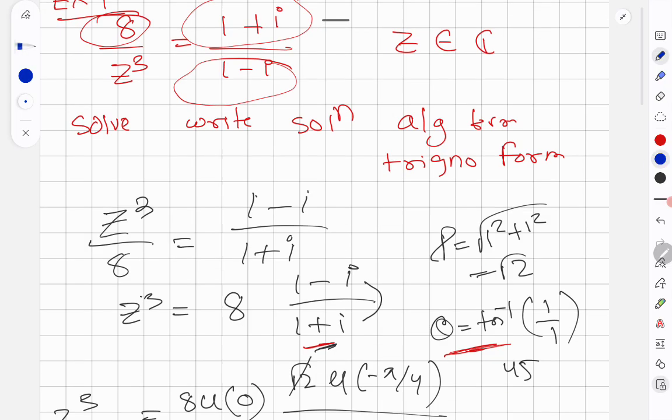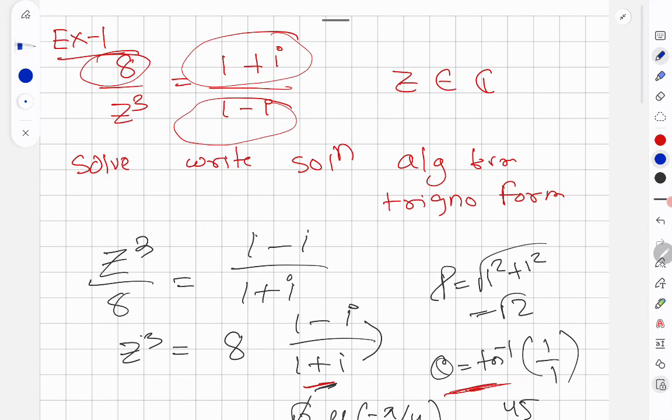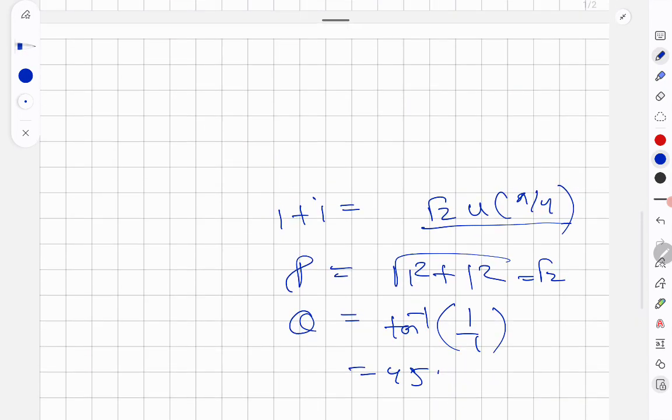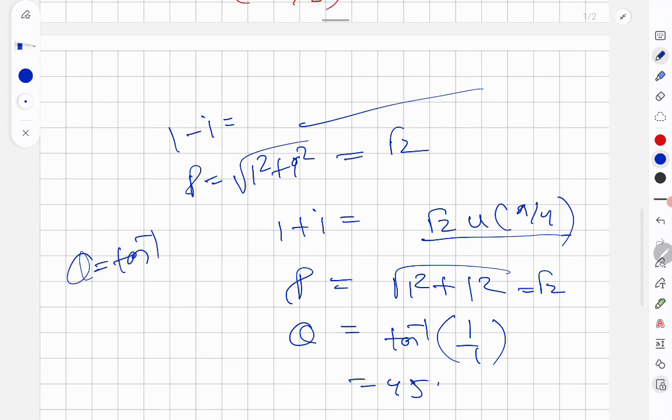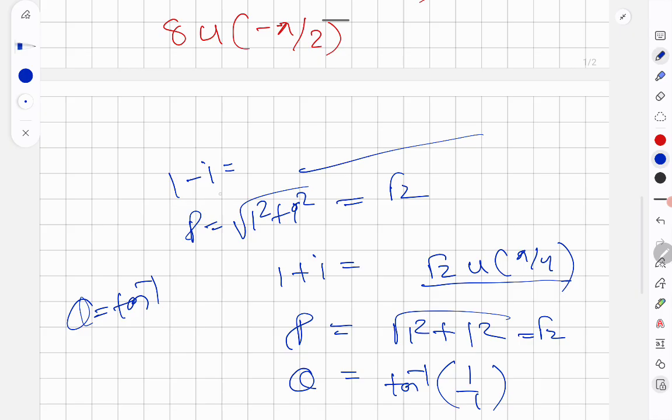And we had one more complex number, 1 minus i. You see, the rho will be the same because it's 1 square plus 1 square, so you get root 2. And the angle theta will be tan inverse, but you have to check whether it is in the first quadrant or second quadrant.